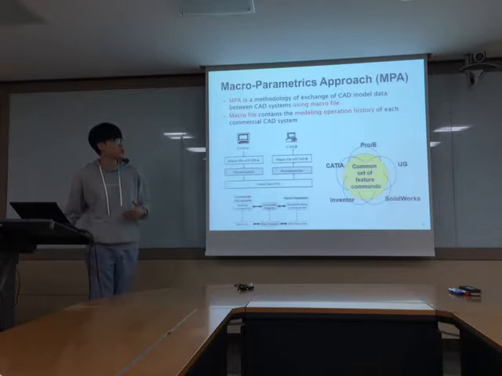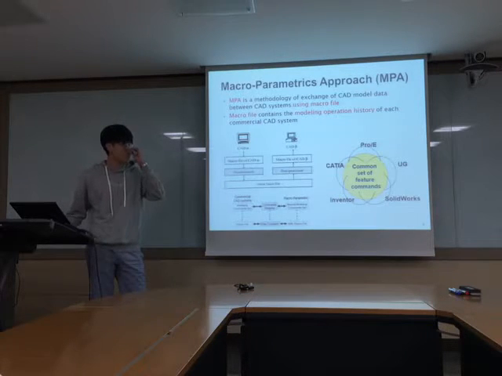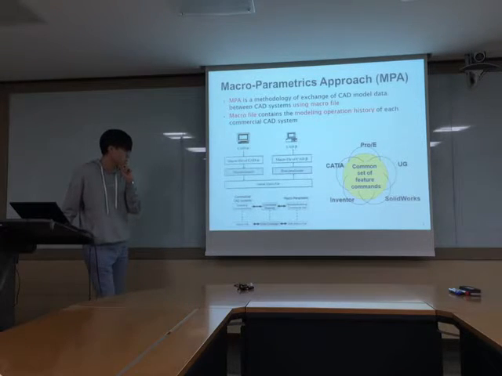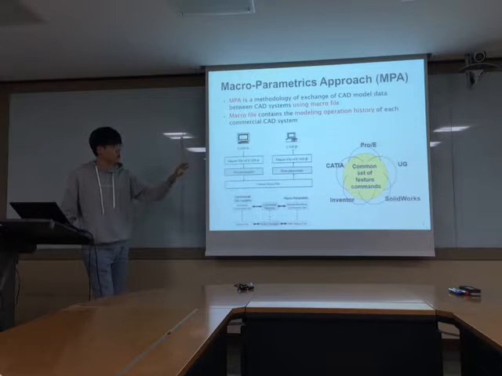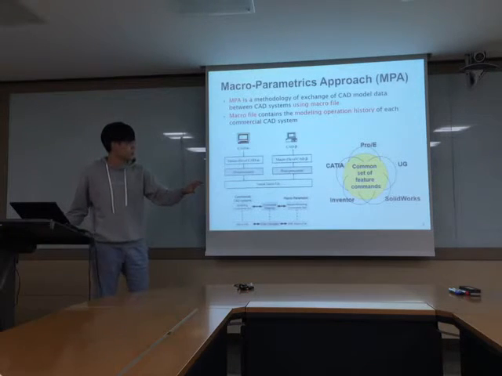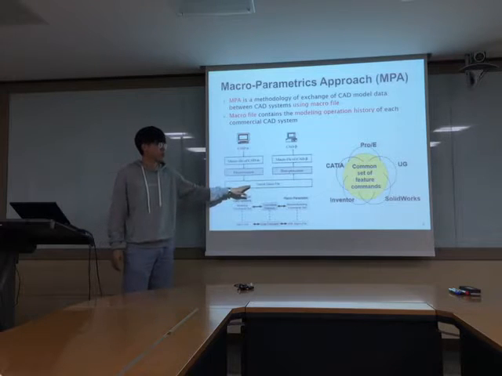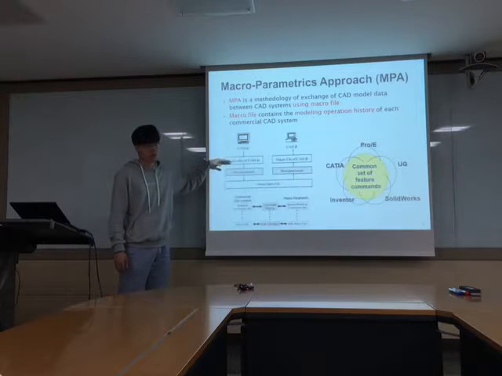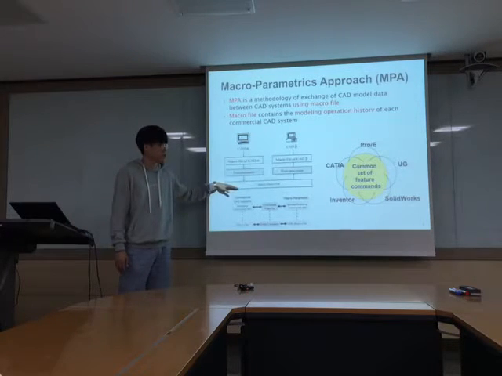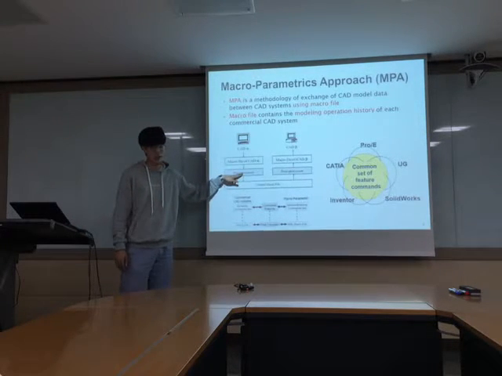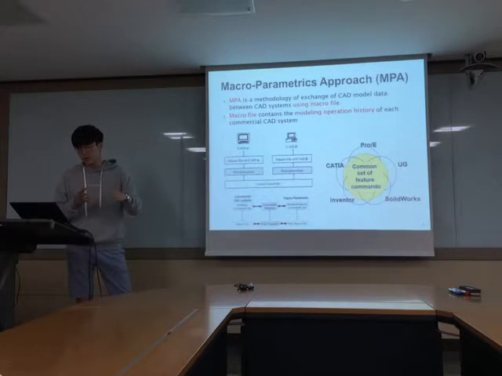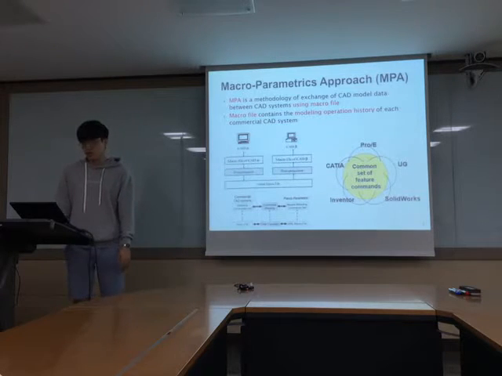We define a common set of features provided by commercial CAD systems, for example CATIA, UG NX, and SolidWorks. We define this neutral common set, and then by using this neutral macro file, we can make a translator by mapping the macro file of CAD alpha to the neutral file. This processor does that kind of mapping, and then we can easily exchange the model.